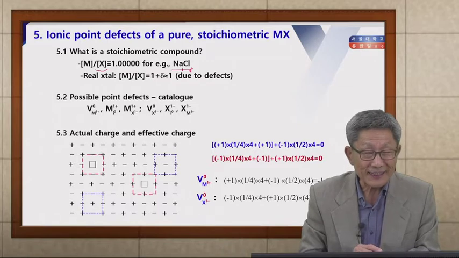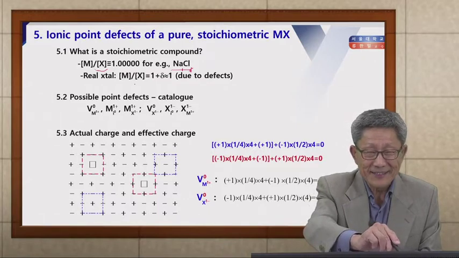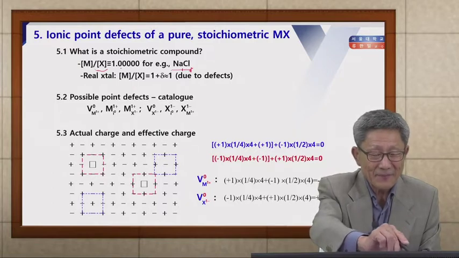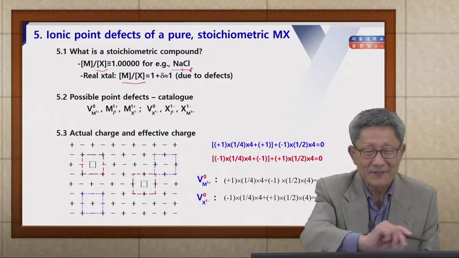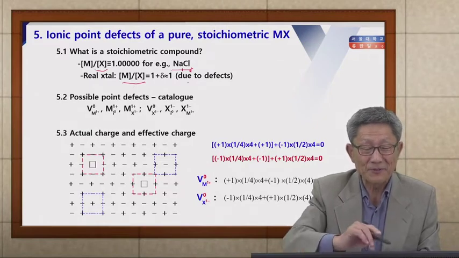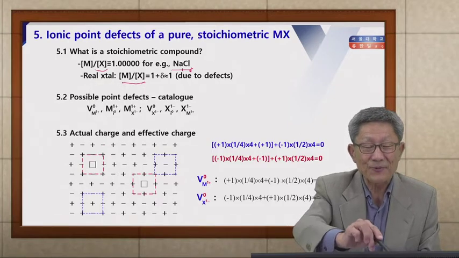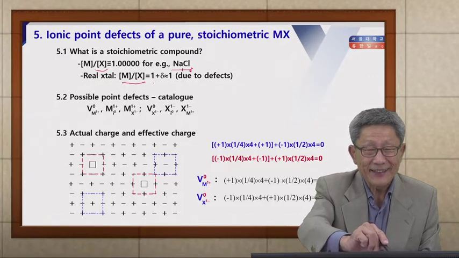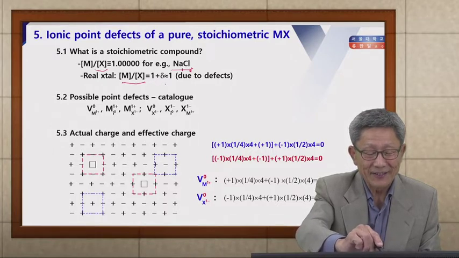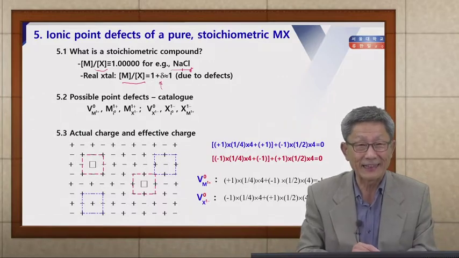But actual crystals, well, does not necessarily satisfy this stoichiometric condition. Depending on thermodynamic variables of your system, the M to X concentration ratio is quite often off 1. So that deviation from the stoichiometric ratio is normally represented by delta.